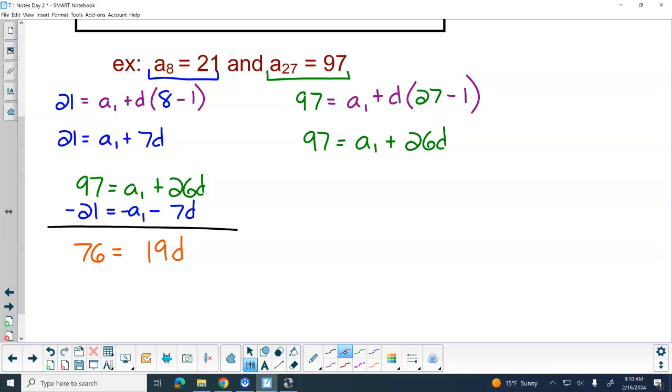Divide both sides by 19? Yeah. If d is equal to 4, now what do I do? Blue or green? Blue. Why blue? Smaller numbers, right? Yeah, make it easier on yourself.